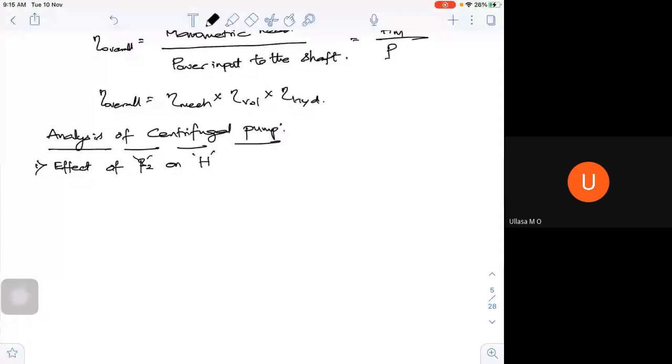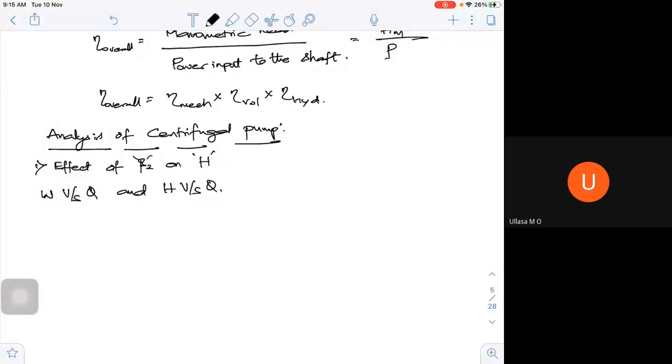Hope you remember, during the centrifugal compressor, we had plotted W versus Q and H versus Q for varying beta 2, that is the exit blade angle.